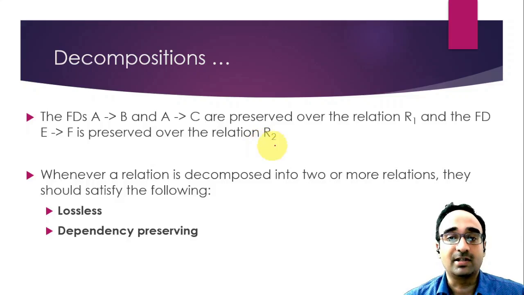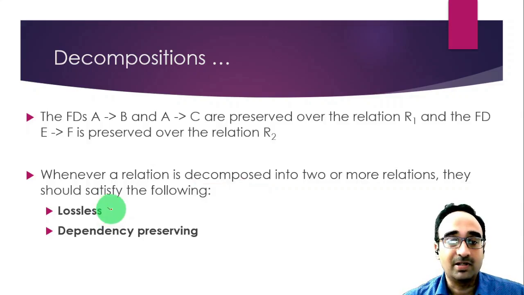Now this bottom point is very important, because whenever you want to decompose one table into 2 or more tables, you can't do it as you wish. You have to follow these two things. You have to check whether the decomposition you are doing follows these two properties.